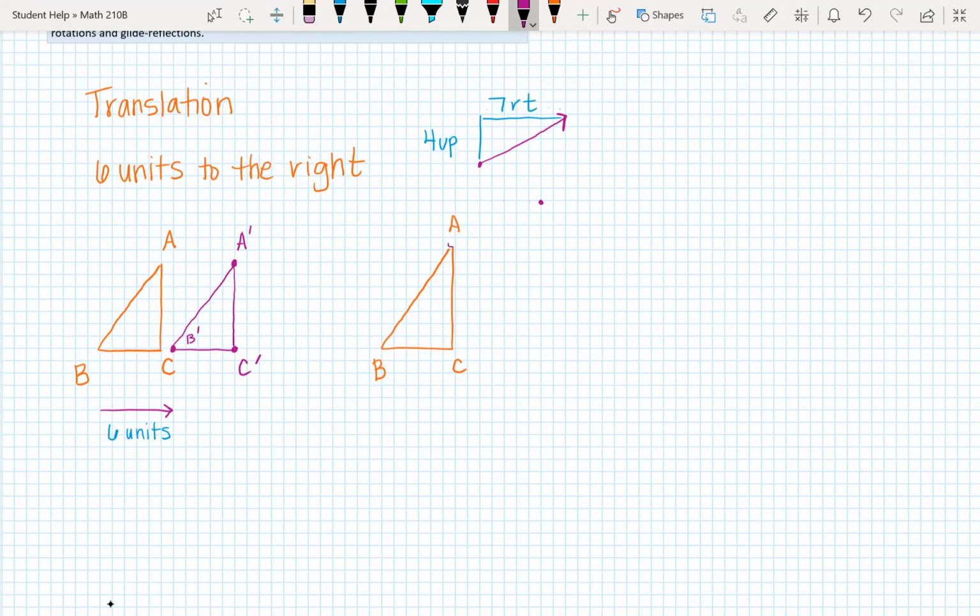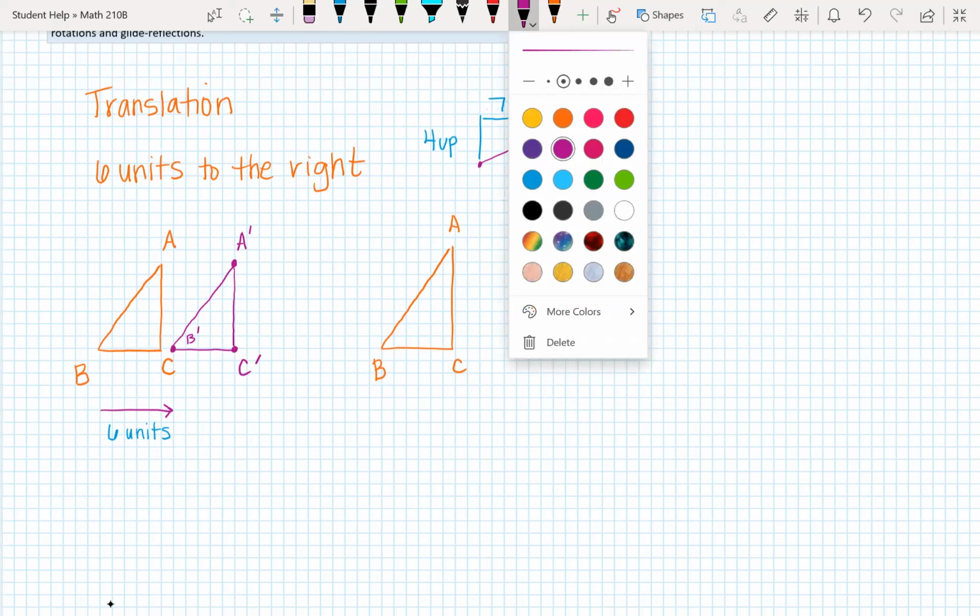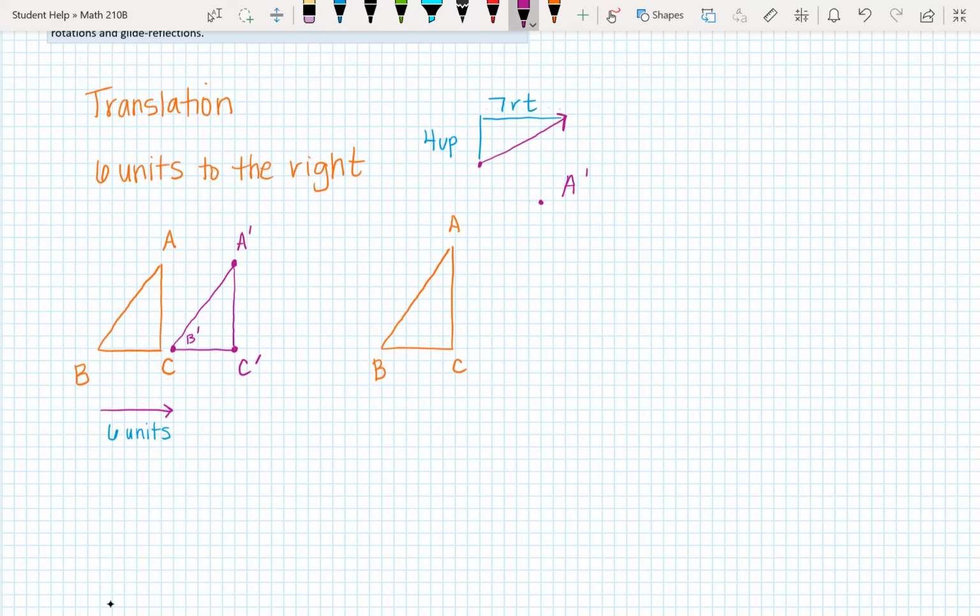So let's see, I went 1, 2, 3, 4. 1, 2, 3, 4, 5, 6, 7, and that's my new point A prime. I'll do the same thing again with point C. I'm going to move up by 4, 1, 2, 3, 4, and then over 7, 1, 2, 3, 4, 5, 6, 7. The new point C is going to be there.